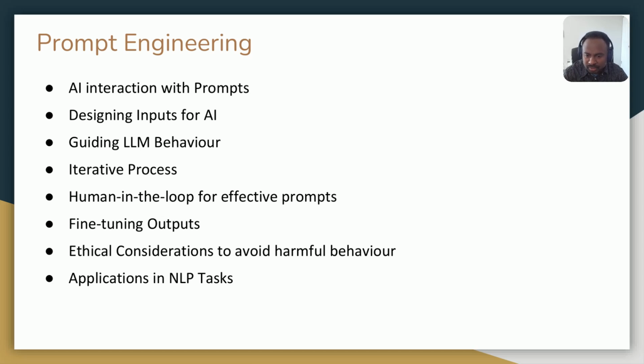What are some of the ethical considerations that should be followed to avoid any harmful behavior like prompt leak, or users typing anything to elicit output from the LLM? And prompting is a key application in NLP tasks.